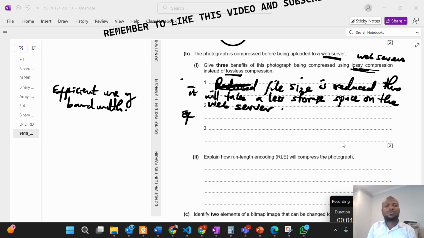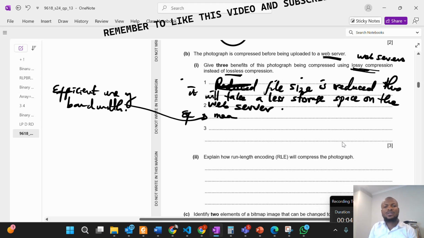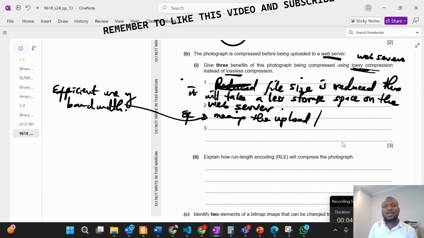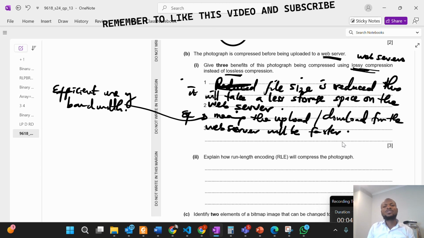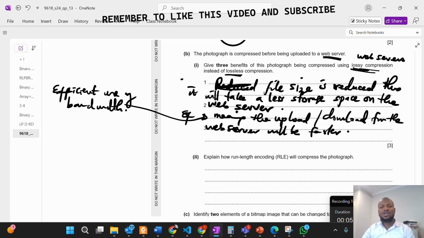So if you're writing here, you can write efficient use of bandwidth, meaning the upload and download from the web server will be faster. Because if you are using lossless, the file will be much heavier than lossy. Is that understood? Which makes the upload and download slower for lossless. But for lossy, it will be faster. I hope that is understood.